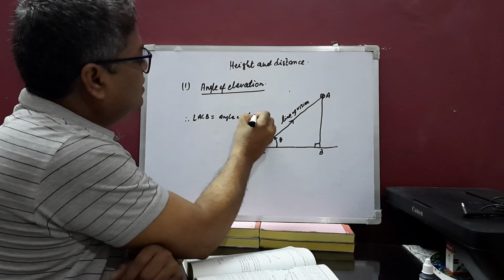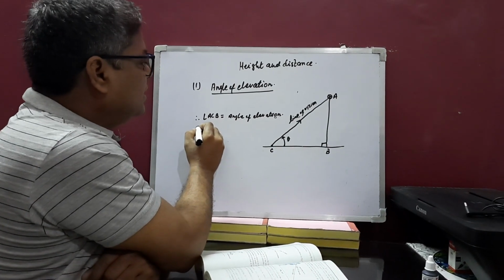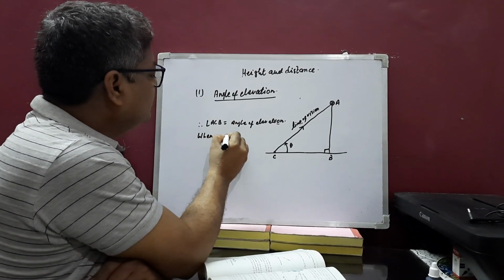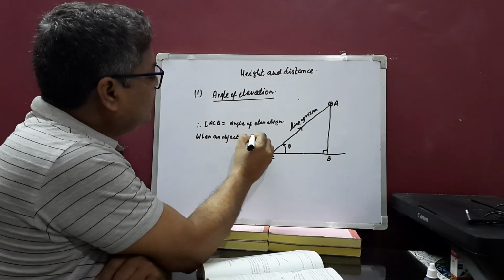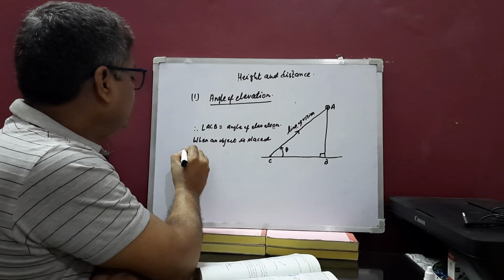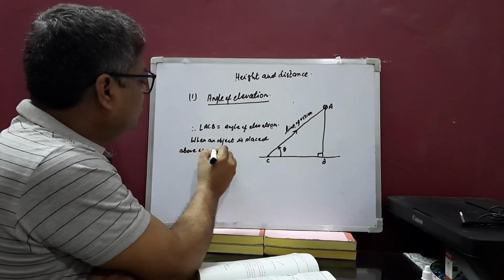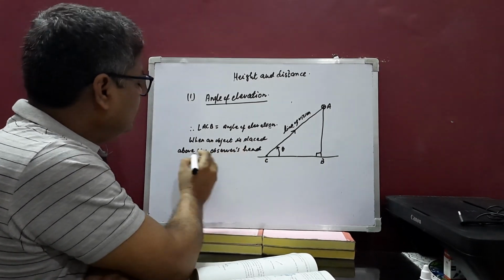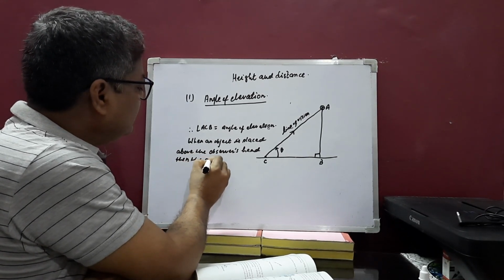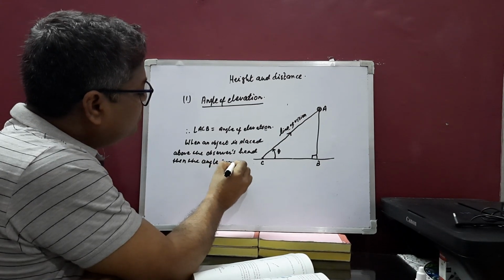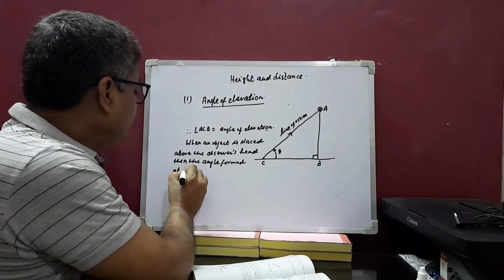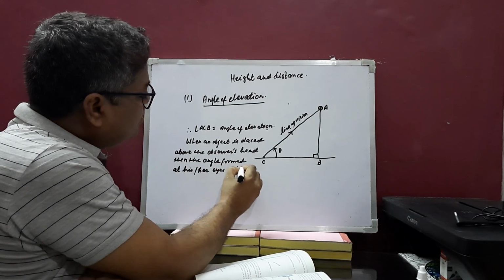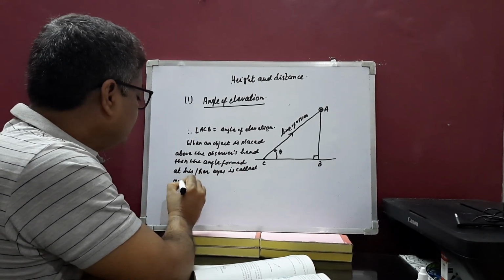Thus, angle of elevation is defined as: when an object is placed above the observer's head, then the angle formed at his or her eyes is called angle of elevation.